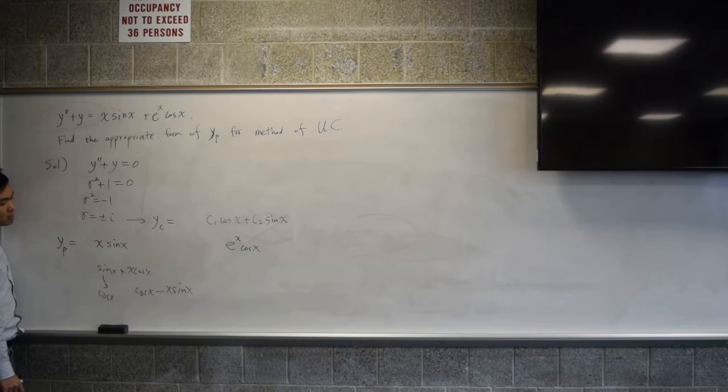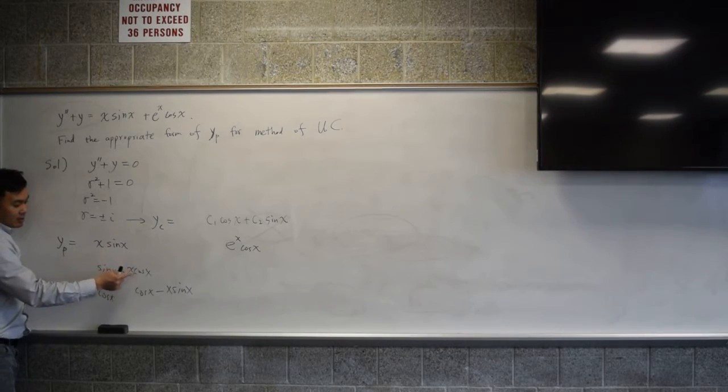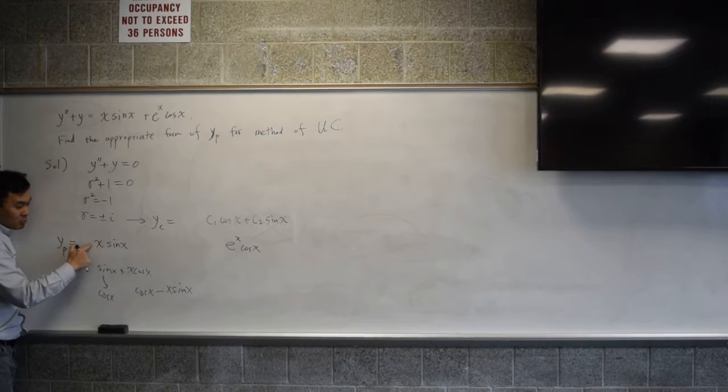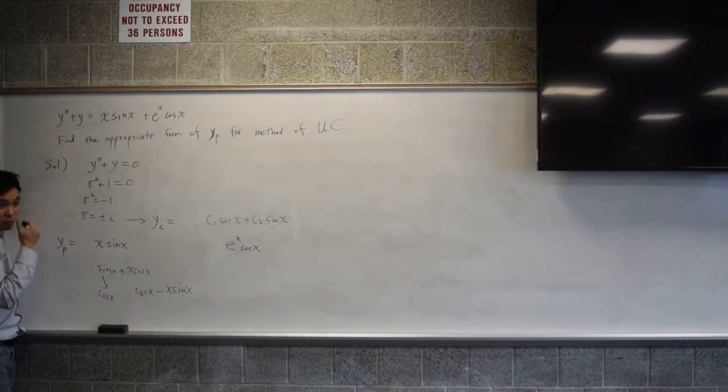Okay. So this is what I see. I have x sine x, x cosine x, sine x, and cosine x. And you'll never see anything else. If you continue to differentiate a third time, fourth time, fifth time, no matter how many times you differentiate, you'll always only see terms that look like these four.